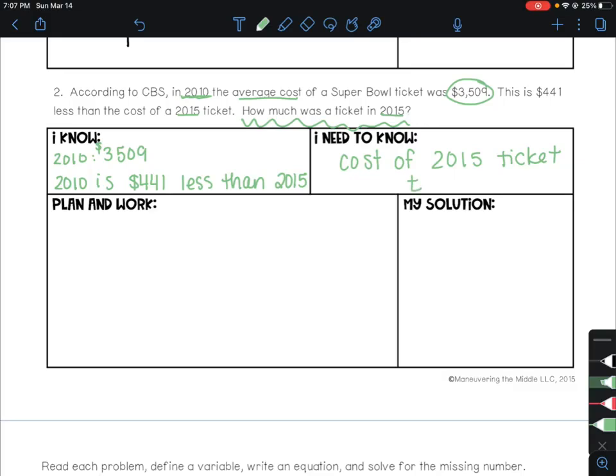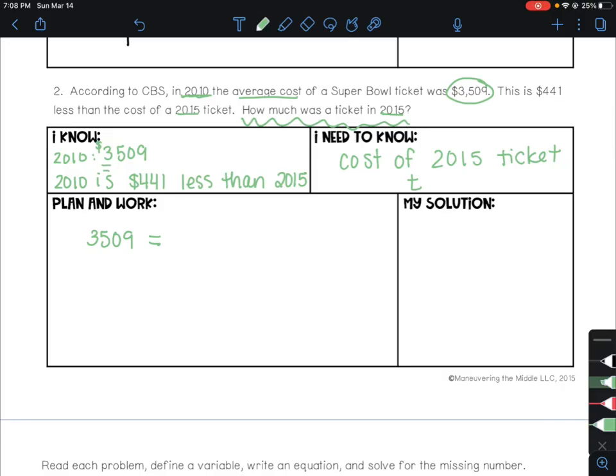Okay? So we know that the 2010 ticket was $3,509. And we know that that is $441 less than 2015. Okay? So if we take the 2010 amount and we say is means equals, we need to show 441 less than, remember we get switched around, the 2015 cost.